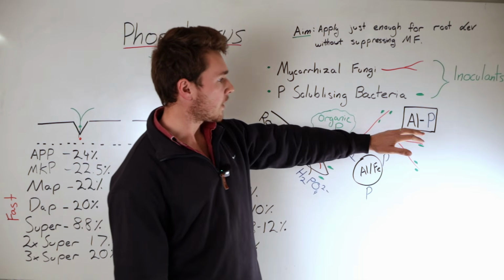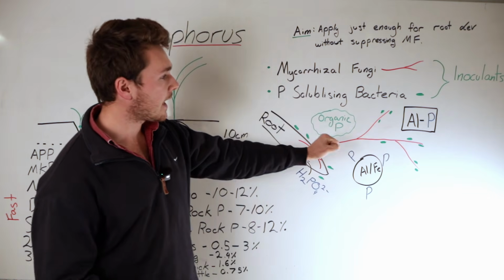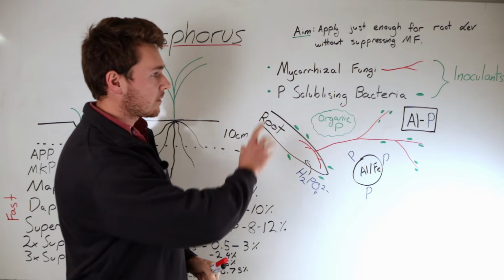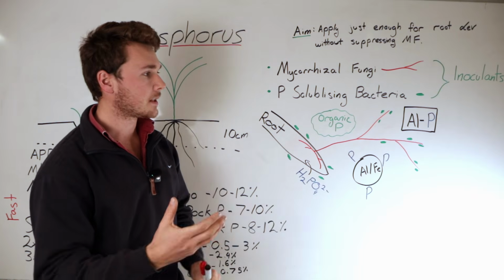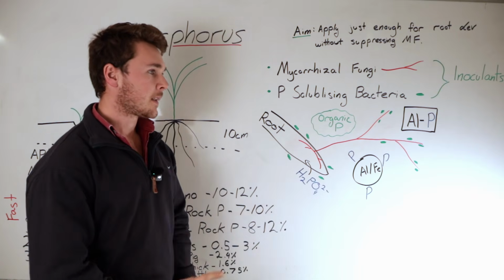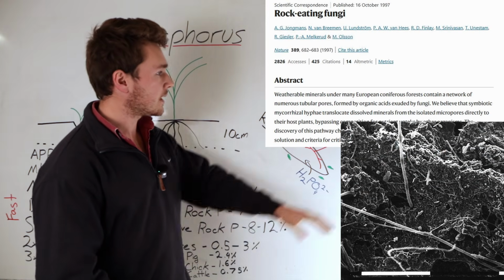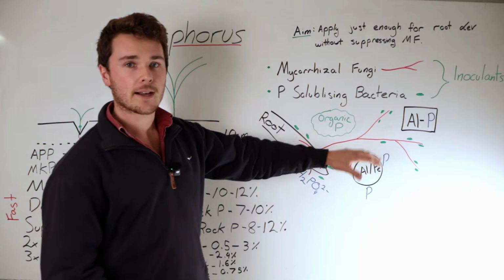And then finally, we have the mineral component of phosphorus within our soil that the mycorrhizal fungi and the phosphorus solubilizing bacteria can access. Again, with organic acids, they can break apart the phosphorus from the mineral component. There are some really interesting studies about tunnels that are drilled into the mineral component, and it's suggested that mycorrhizal fungi can actually do that.